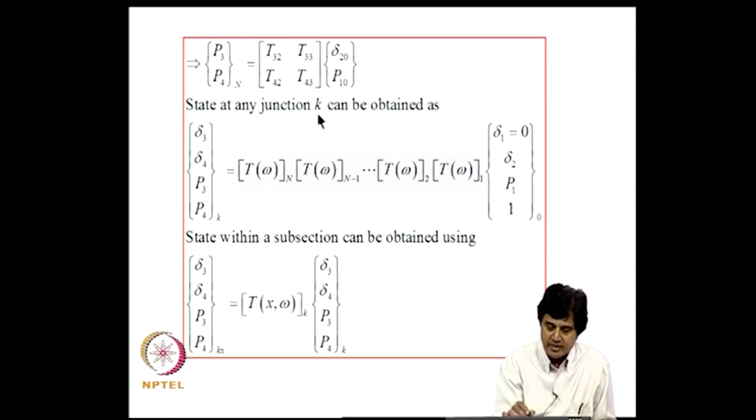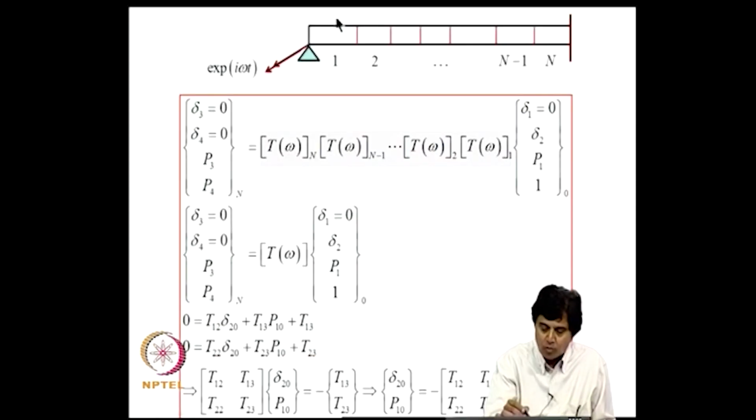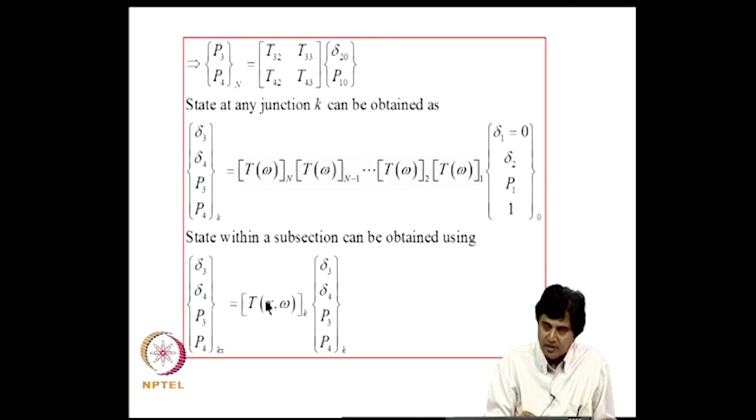Now if you want the response at any junction k, you use this up to k, multiply the transfer matrices, and you will get the response at the kth junction. And if you are interested in the response within a subsection, the transfer matrix has to be written up to that value of x, not up to the end of the element, but within the element, whatever distance you want to move.